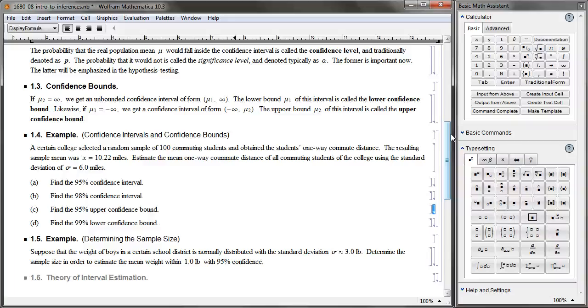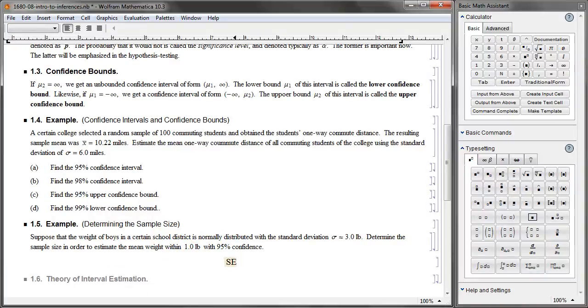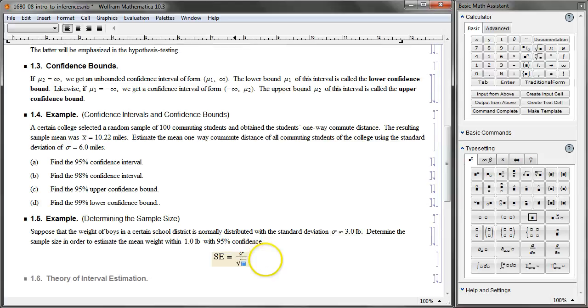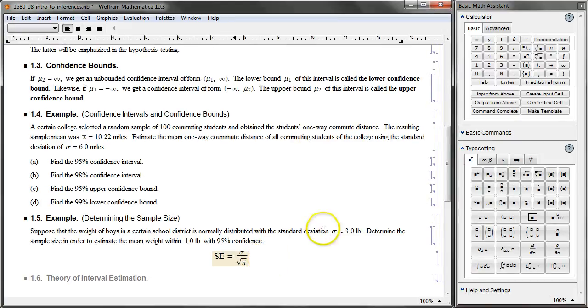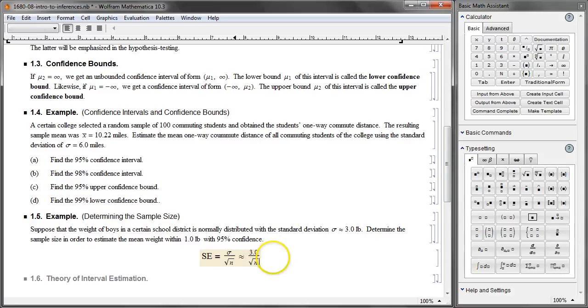This time we don't know the standard error. Sigma is 3.0, but standard error is sigma over square root of n, and that's going to be approximately equal to 3.0 over square root of n, and that's it.